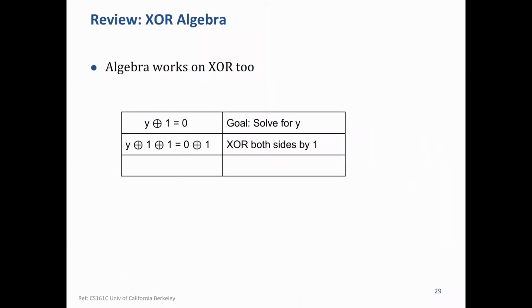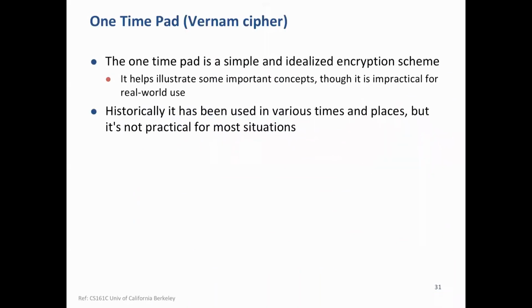All right. Okay, simple. We are now going to study a very simple encryption scheme called the one-time pad. It's also called Vernam's cipher. The one-time pad, or OTP, not one-time password, but one-time pad, is a simple and idealized encryption method.